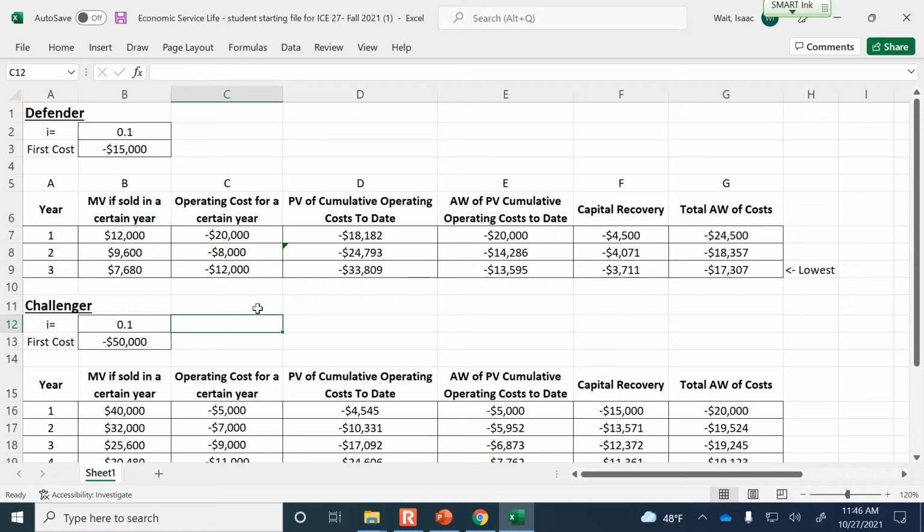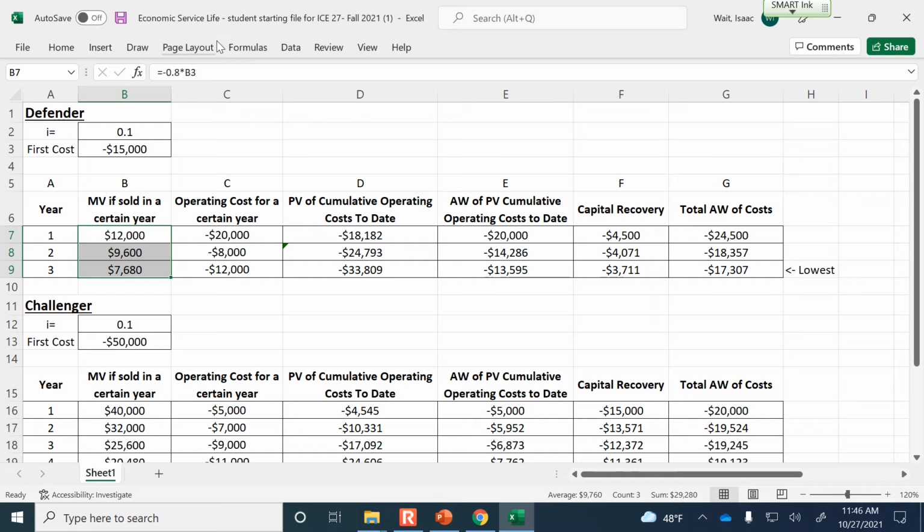So it may be that you're renting some equipment, or maybe the option you're considering is, let's keep the Defender for 3 years and then buy the Challenger. So maybe the comparison is, should we buy the Challenger now, or should we buy the Challenger a couple of years in the future? So in a comparison like that, you're trying to find out which is cheaper.